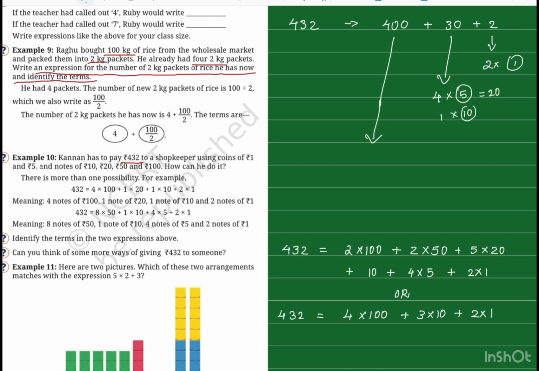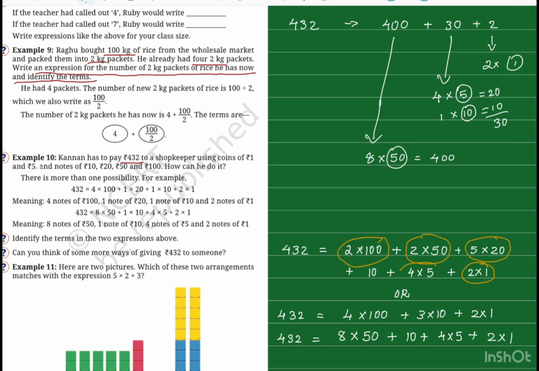It will make 30, and 8 into 50 rupees, that is 400. So the expression will be 8 into 50 plus 10 plus 4 into 5 plus 2 into 1. So there are many expressions. The answer will be the same.